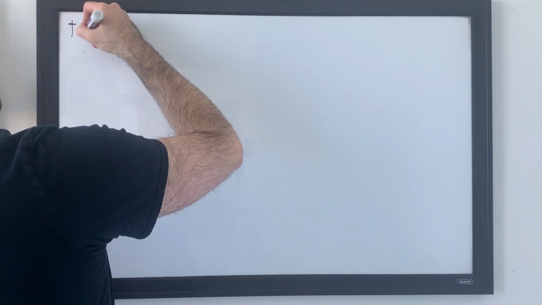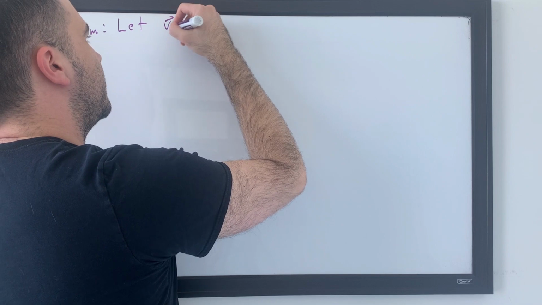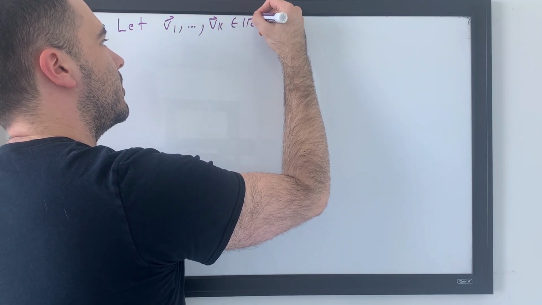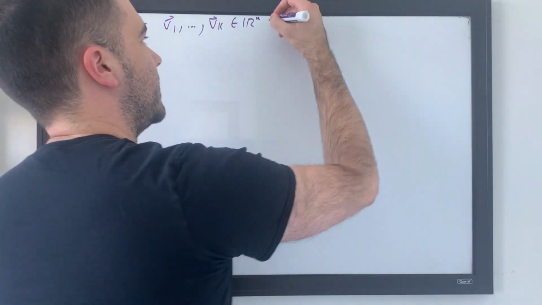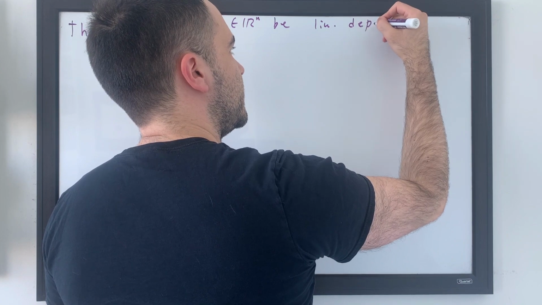So, theorem. Let v1 to vk, which are vectors, be linearly dependent.